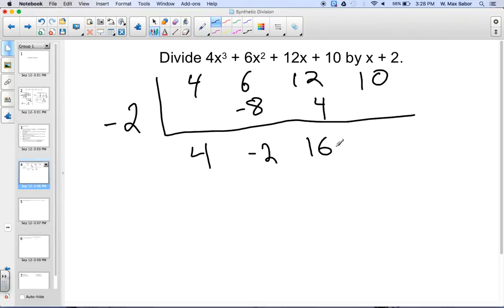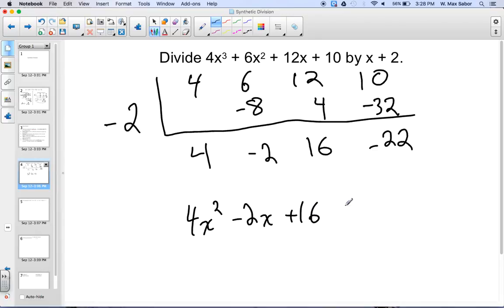And then negative 2 times 16 is negative 32, which gives us negative 22. So our final answer would be 4x squared minus 2x plus 16 minus 22 over x plus 2. Much faster.